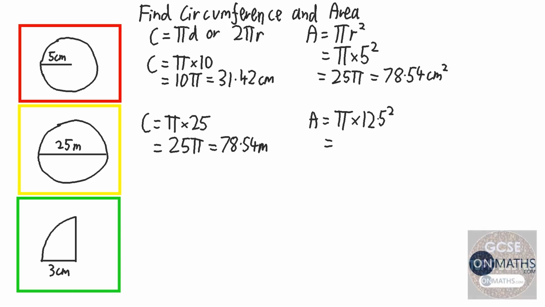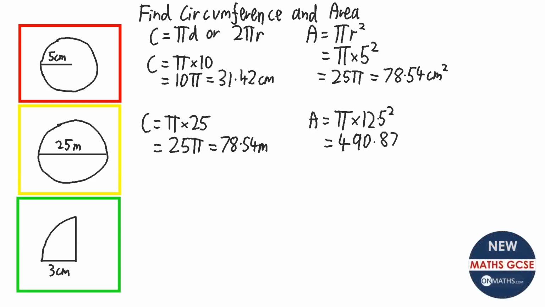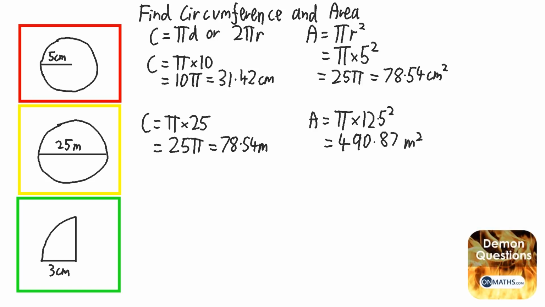So pi times 12.5 squared, and it's 490.87, and that would be meters squared. Or you can leave it in terms of pi, so it would be 156.25 pi.